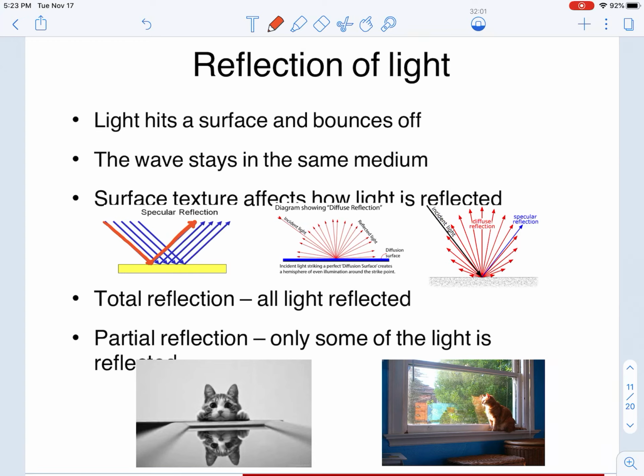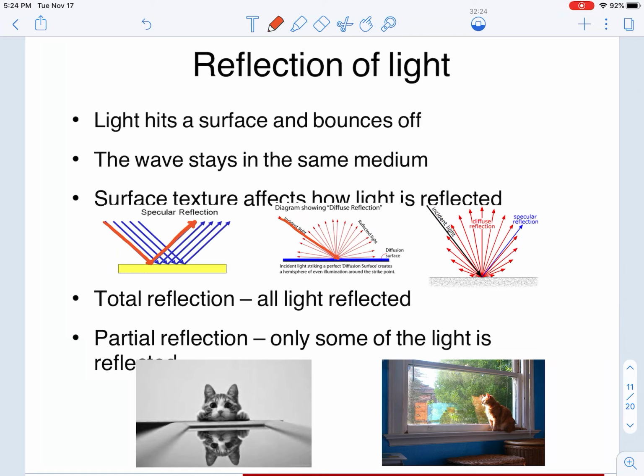But then if we look at these other two pictures on the right, this is showing you something called diffuse reflection. So in this image, the light is going to come in, but notice there's multiple beams of light here. So this one beam of light coming into our boundary is actually going to bounce off in lots of different directions.